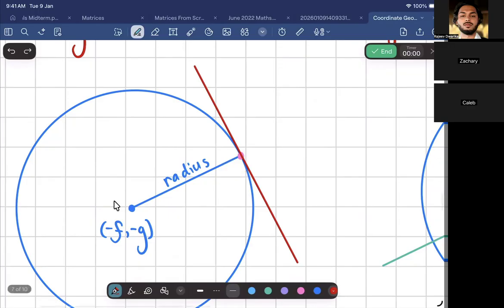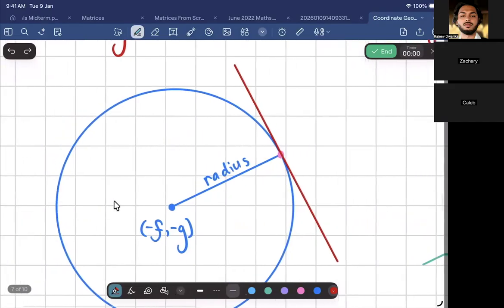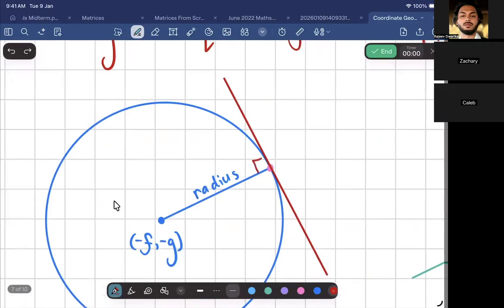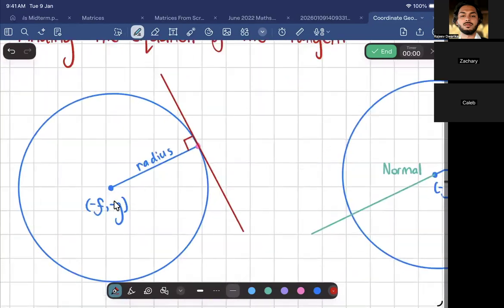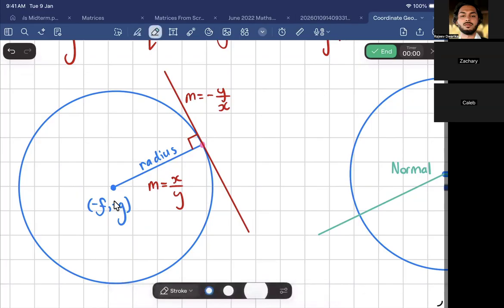If you have two lines that are perpendicular, then the gradients are the negative reciprocal of each other. For example, if the gradient here was x over y, then the gradient for this would be negative y over x. All you're doing is flipping it and changing the sign.